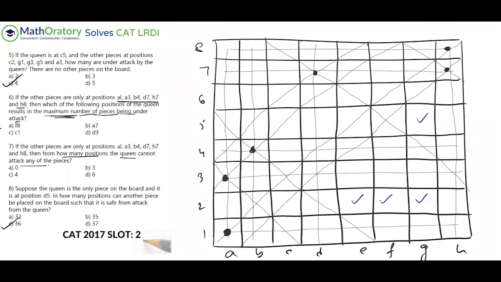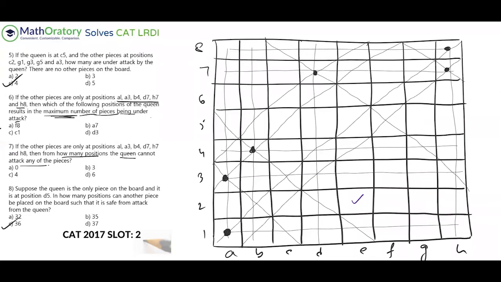If a queen is somewhere here, it's at least attacking this piece, so a queen cannot be placed here. I hope you remember the question. Question number 7 is my main focus: the queen cannot attack any of the pieces. So the squares where none of these small lines I've drawn are passing through are the squares where the queen cannot attack any of the pieces. That itself is answering the question.